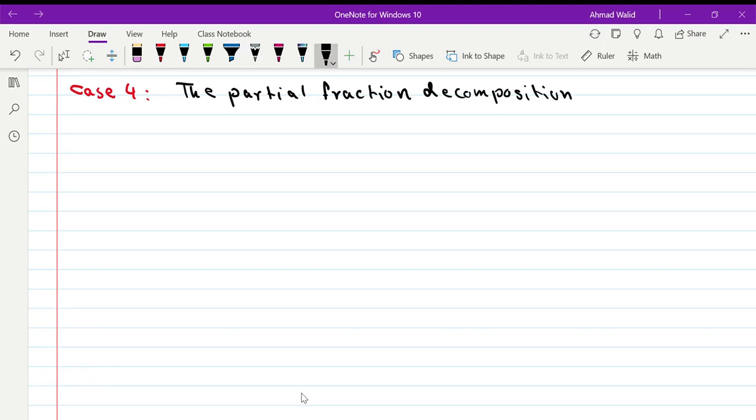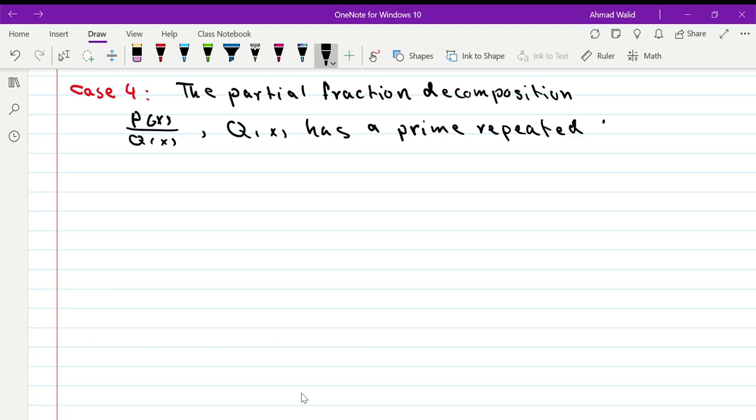when the first partial fraction decomposition of p of x over q of x, when your q of x has, let's say, a prime repeated quadratic factor.